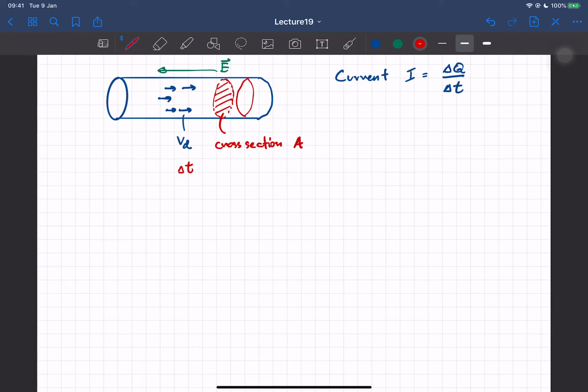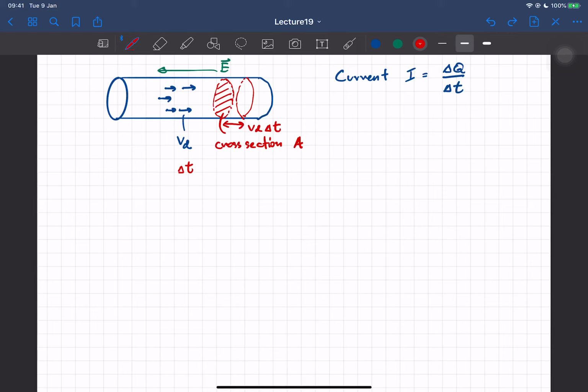So imagine a tiny section of the wire with the length given by Vd times delta t, right? Because we are interested in the volume spanned by these electrons which have drift velocity Vd in the time delta t. So the length that we are interested in is Vd times delta t, and the volume is just length times the cross section area A.